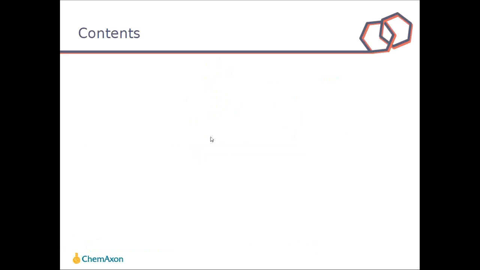So first, some words about the contents. The story begins always with chemical structures, and usually they have a really huge amount, several millions of it, so they would like to store them in a database.